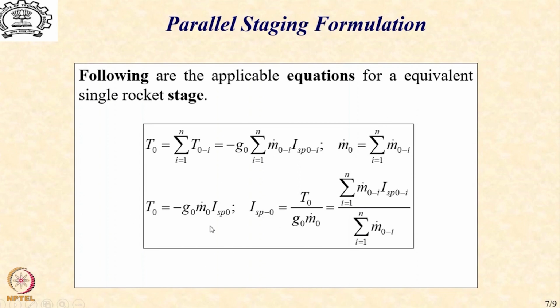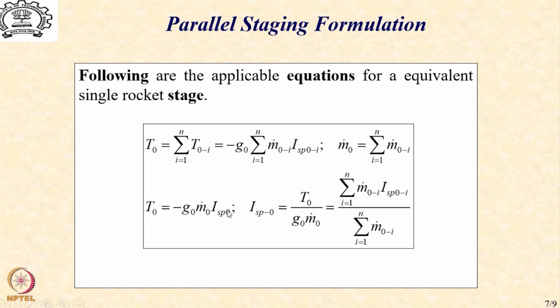So let us now hypothesize the presence of an effective ISP of this single equivalent rocket called the ISP0, which is attached to the mass flow rate of all the rockets firing together and together generates the total thrust.